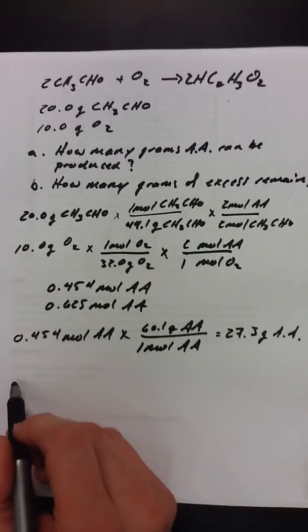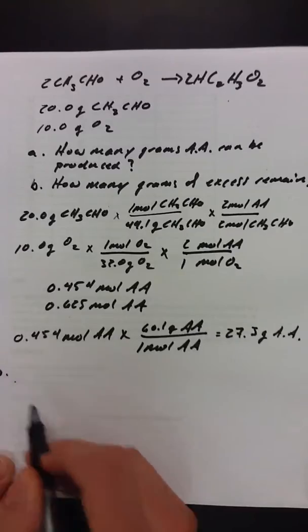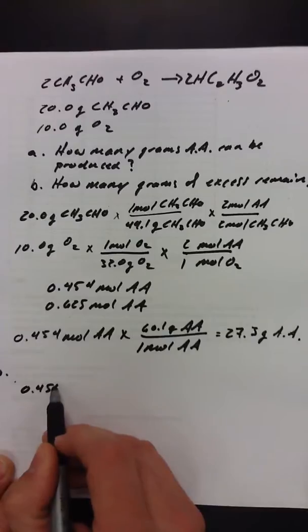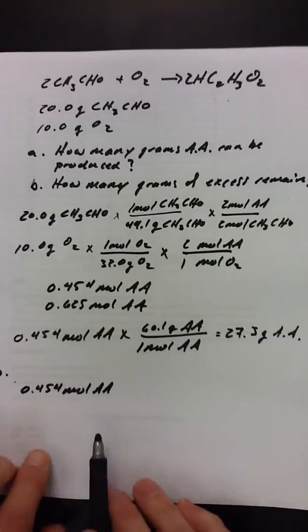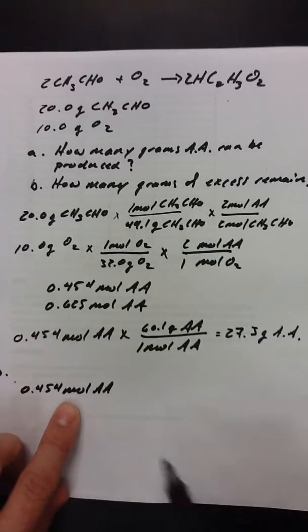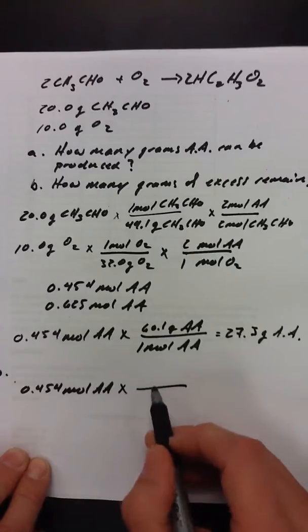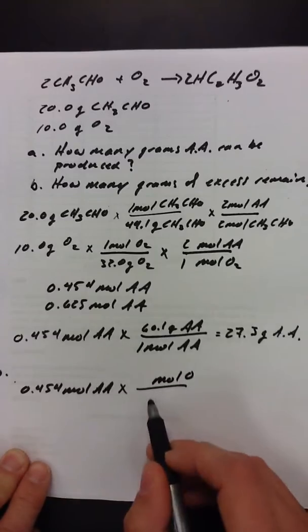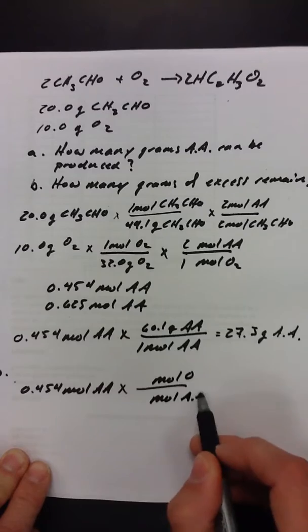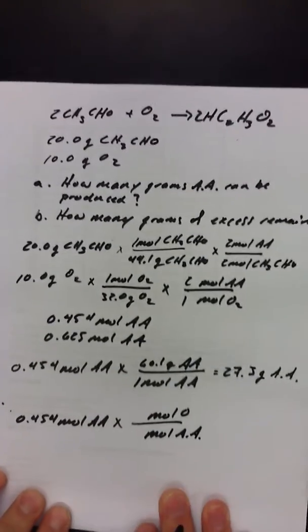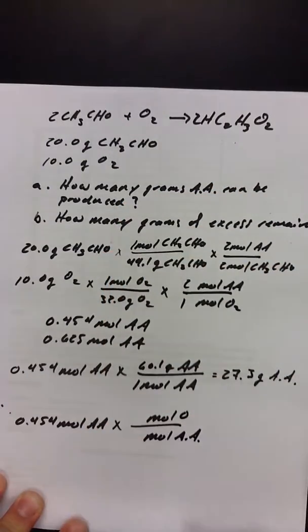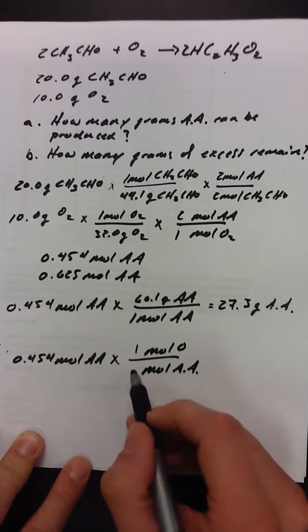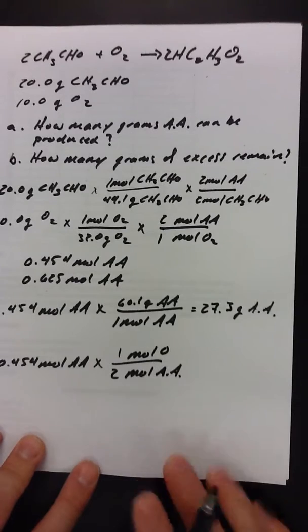So, for part B, we're starting with 0.454 moles of acetic acid, and we're going to convert to moles of oxygen. We want moles of oxygen in the numerator and moles of acetic acid to cancel. Looking at our original equation, 2 moles of acetic acid are produced for every 1 mole of oxygen. So 1 mole of oxygen for every 2 moles of acetic acid.